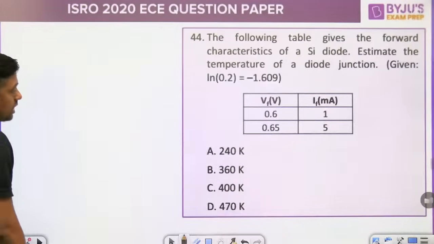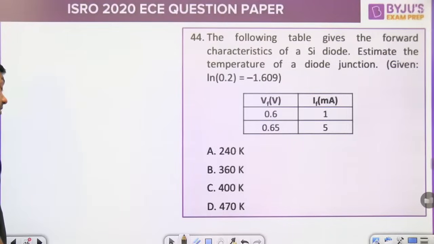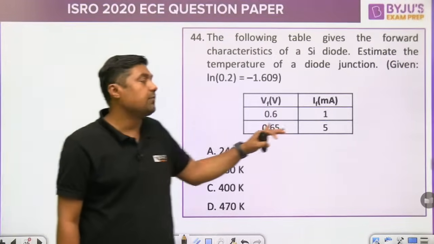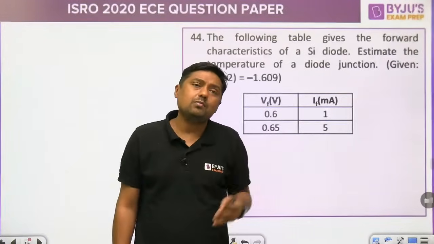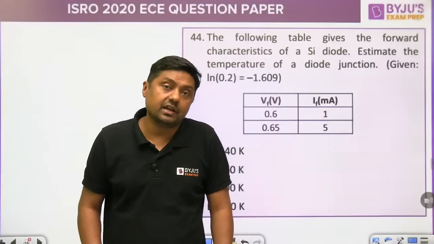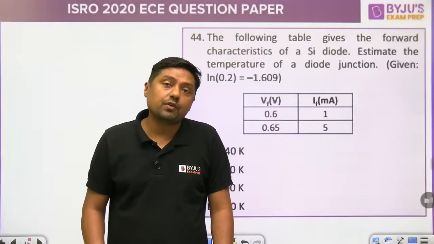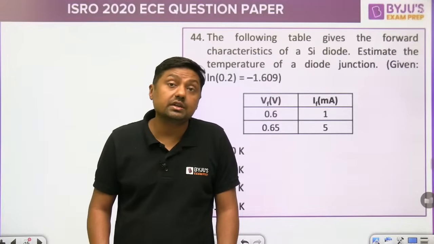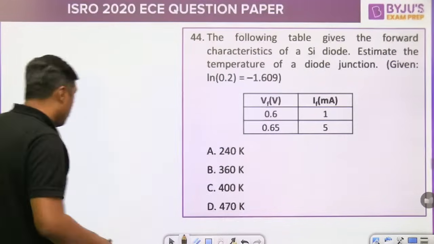Last year this question was asked in the ISRO examination. According to the graph, there is a very fast change. At 0.6 it is 1 milliampere, and at 0.65 it is 5 milliampere. 5 milliampere through the diode is a large current, guys. As I have explained in a number of sessions, when the current is very, very large, eta is 1 for silicon also.